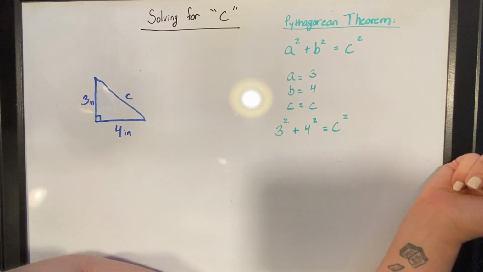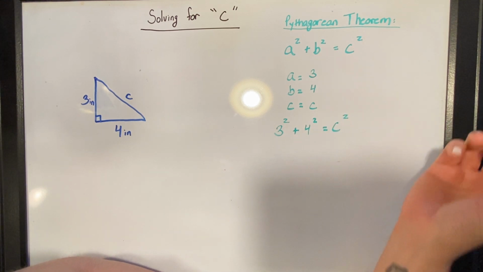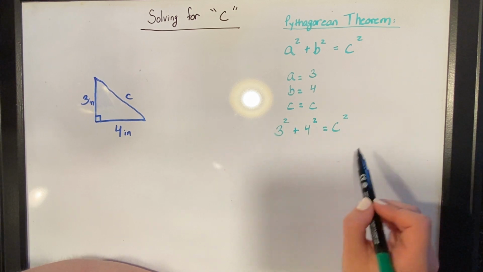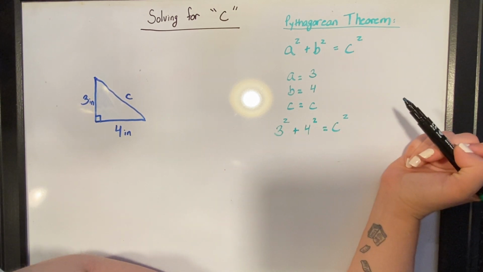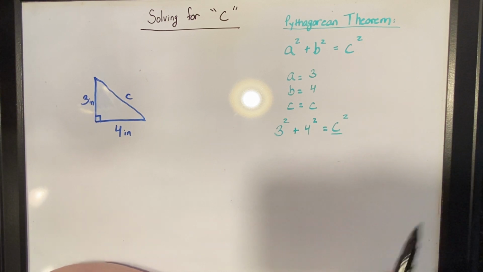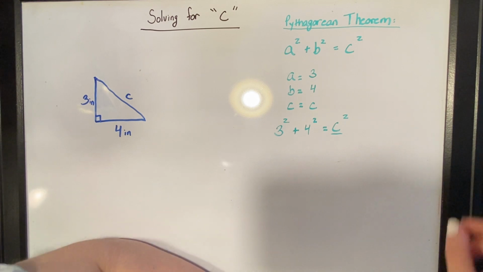C has to stay just C because that's what we're solving for. So now we need to solve this equation. We need to solve for C, right? I'm going to stick with green. You will need a calculator.